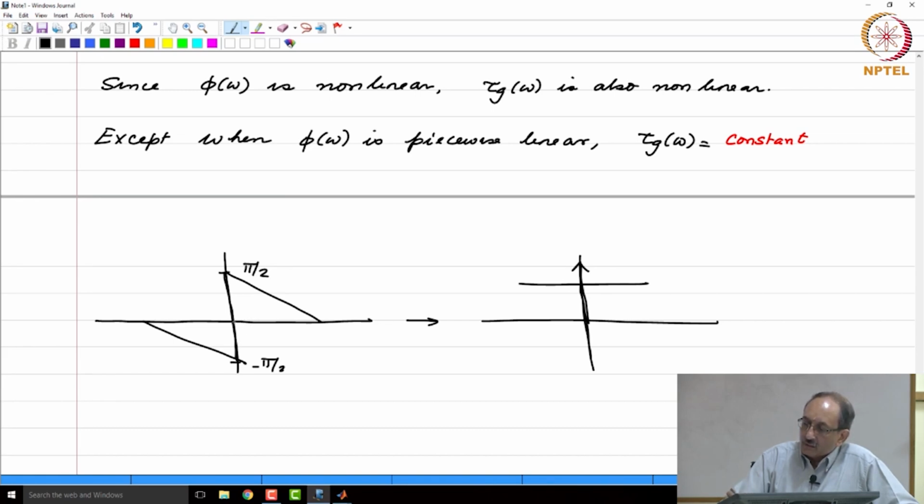But note that at this frequency value, omega equal to 0, because the 0 is on the unit circle, the magnitude response goes to 0. Therefore, there is no component in the output at this frequency, and hence this impulse appearing is not an issue. And if you look at this from the other representation's point of view, namely amplitude times e to the j phase angle, that phase angle does not contain any jumps. Therefore, whichever representation you look at, there are no issues in terms of the group delay.